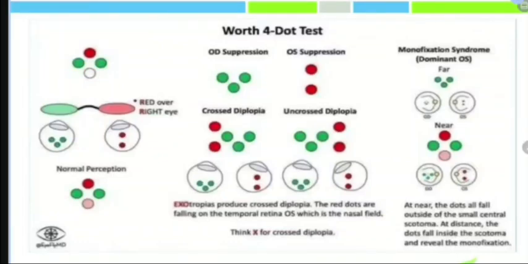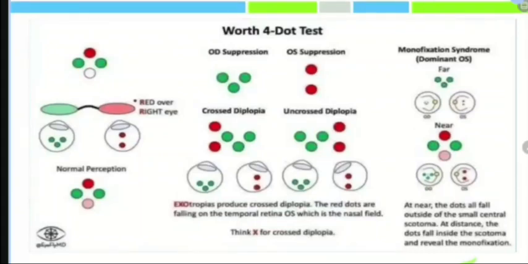In that case, you have to ask the patient where the colors are, whether the right side color image is on your right side or your left side, and how they are placed and arranged. In case the patient says the red image is on the left side and the green image is on the right side, it means the patient has crossed diplopia. Crossed diplopia is always associated with exotropia or exodeviations.